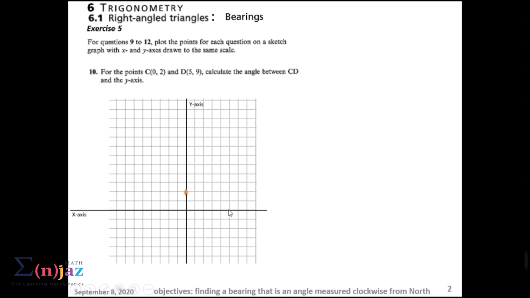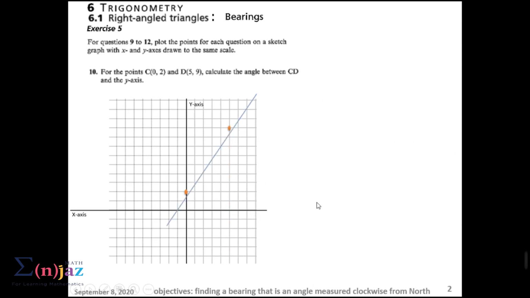You stop here, and then you need to move up since 9 is positive, 9 units: 1, 2, 3, 4, 5, 6, 7, 8, and 9. So the plotting of point D is as follows.